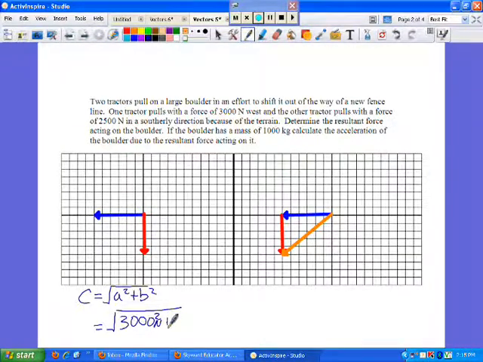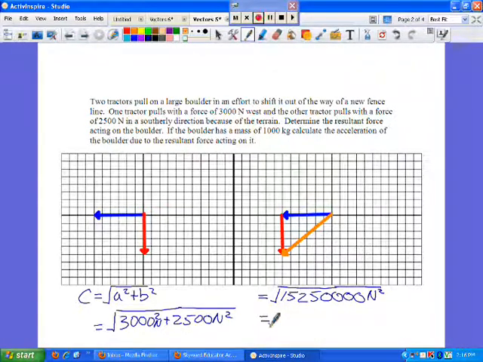So we have the square root of 3,000 newtons squared plus 2,500 newtons squared. And once we've squared and added those two together, and then taken the square root of that, we will end with a final force acting on the boulder of 3,905.12 newtons.